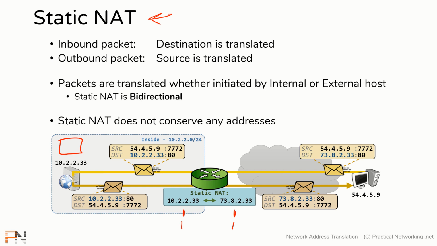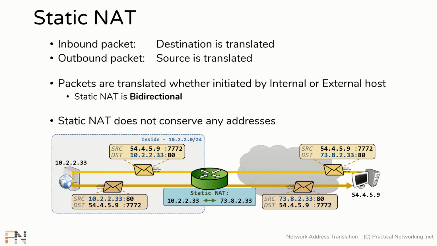We would have a separate public address for every internal host that we wanted to create a static NAT for. As a result, static NAT does not actually conserve any IP addresses. Remember, we told you the original purpose of NAT was to conserve IP addresses, and you'll see that a static NAT does not actually do that. The goal of a static NAT was simply to make an internal resource externally accessible. A static NAT does not conserve address space.